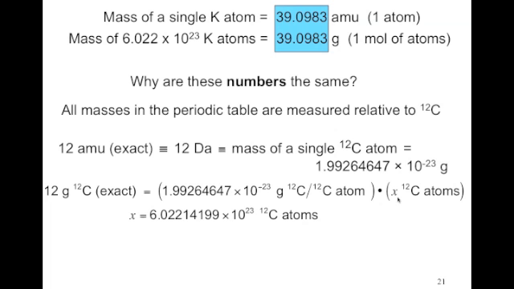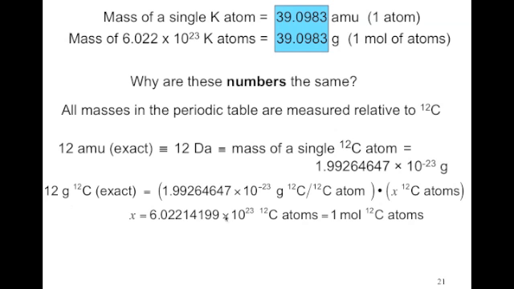Oh, look at this number. It looks a lot like this one. That's no accident. This is how we define what we call a mole. A mole of anything is defined, this number is defined, from asking the question: how many carbon-12 isotope atoms are in exactly 12 grams of carbon?